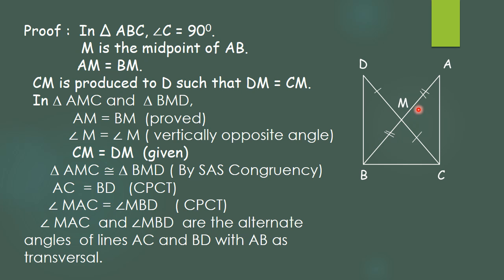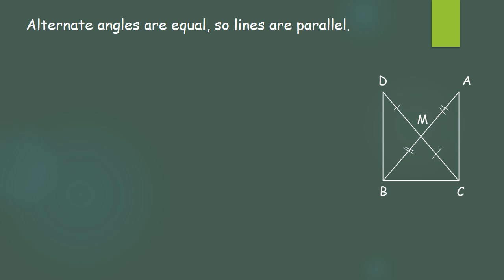So they are alternate angles with lines AC and BD and AB as the transversal. Alternate angles are equal, that is what we have proved. Whenever alternate angles are equal, the lines are parallel. So we get BD parallel to AC.